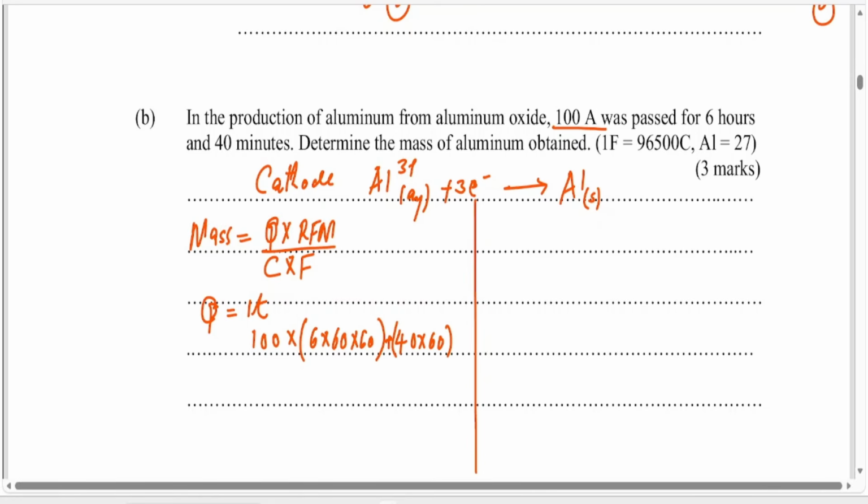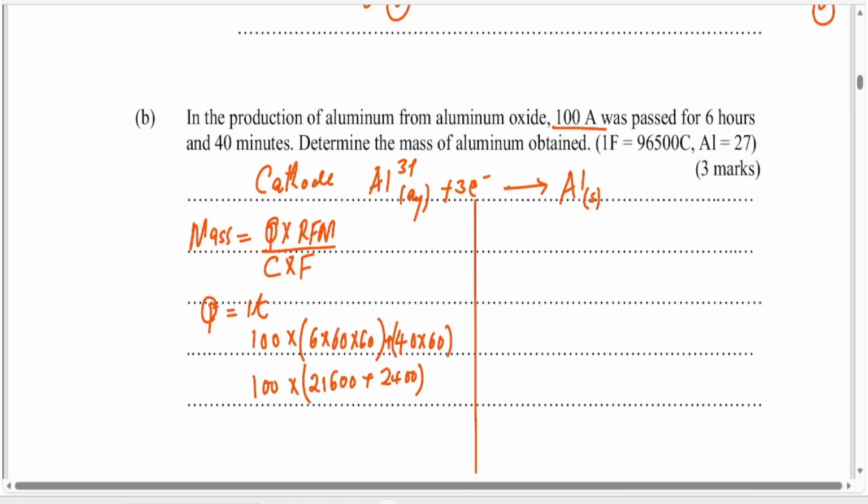When you take 6 times 60 times 60, we obtain 21,600. Then plus 40 times 60, it is 2400. We first add these, then we multiply by 100.